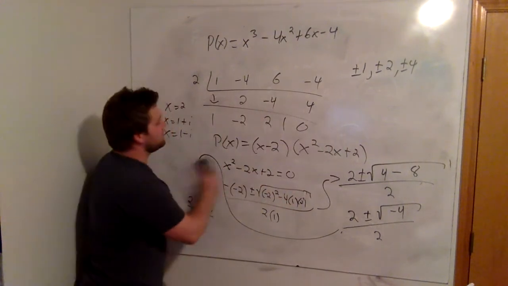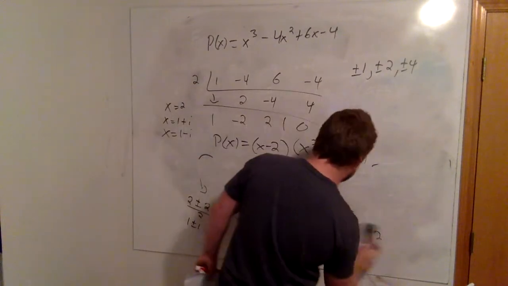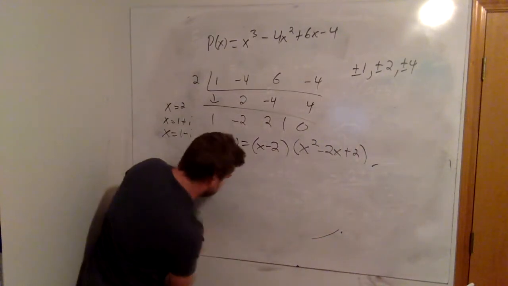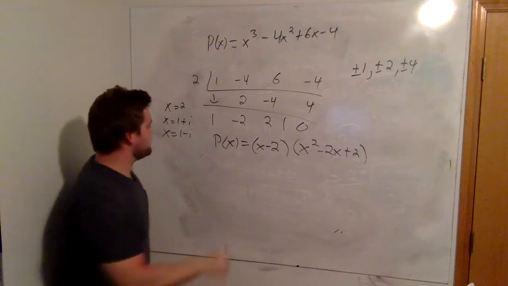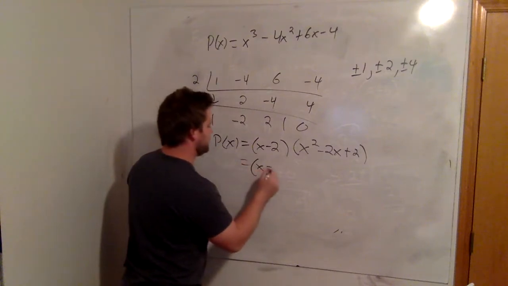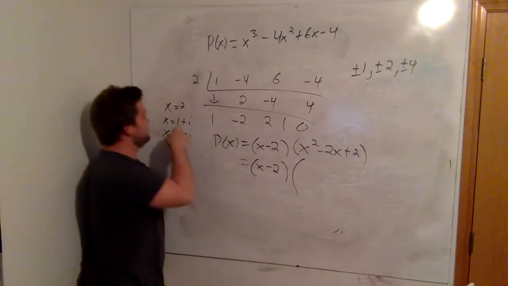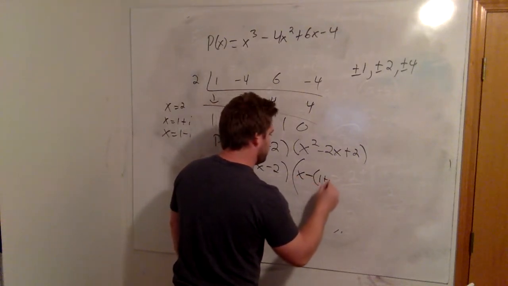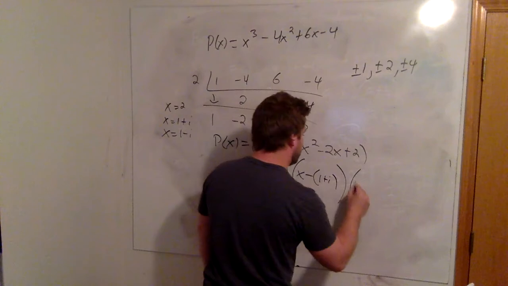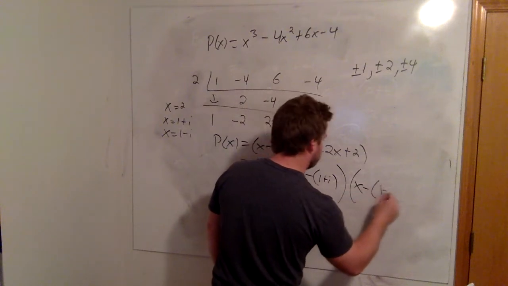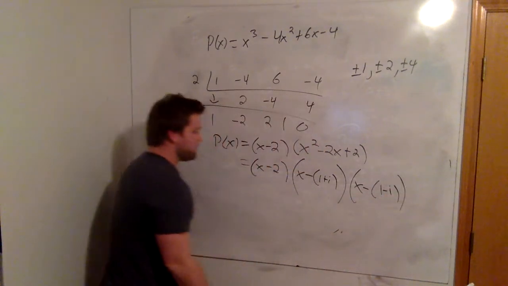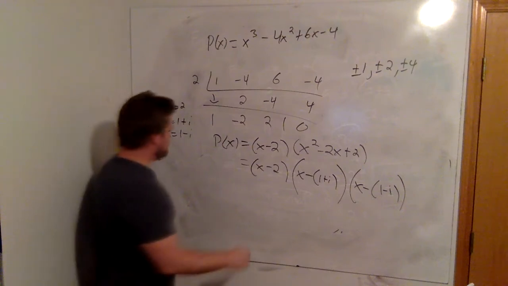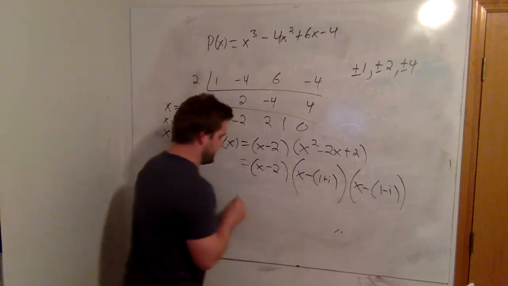Okay, so let's factor this. This polynomial will factor to an x minus 2. One of its roots is 1 plus i, so I'll have an x minus (1 plus i), and I'll have an x minus (1 minus i). I'm totally fine if you leave your answer like this, but it's very common for the book to distribute the minus signs.